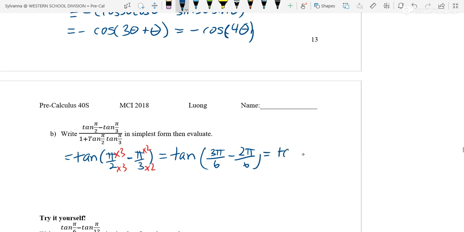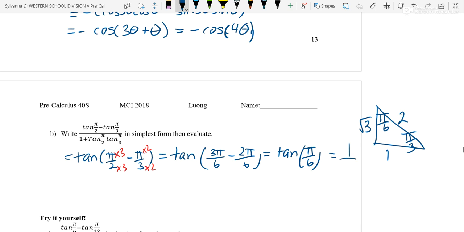And that gives me tan of pi over 6 once I simplify my fractions. I know how to calculate tan of pi over 6. Just need to draw up my triangle. Okay, so tan is opposite over adjacent. That's 1 over root 3. And then we're done. We simplified it first and then evaluated at the end.